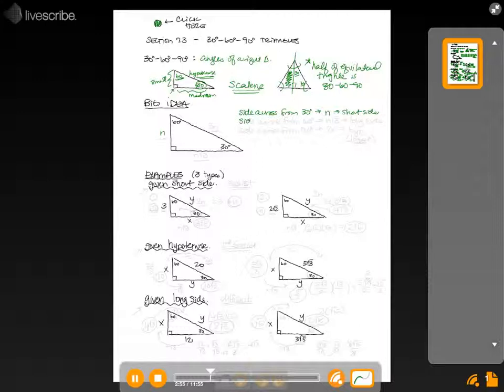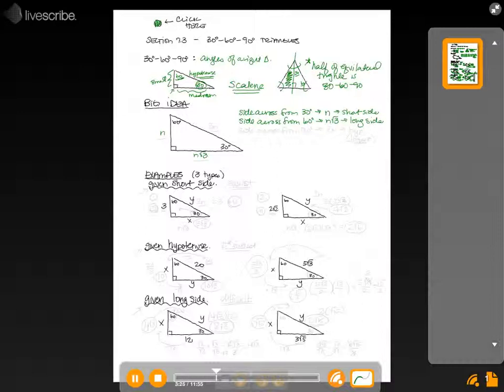The side across from 60 is N root 3. Now you could put whatever variable you wanted in here. I'm using N just because that's the first thing I thought of, but sometimes you'll see X, sometimes you'll see Y, it doesn't matter. But in this case we have N root 3, and we call that the long side.